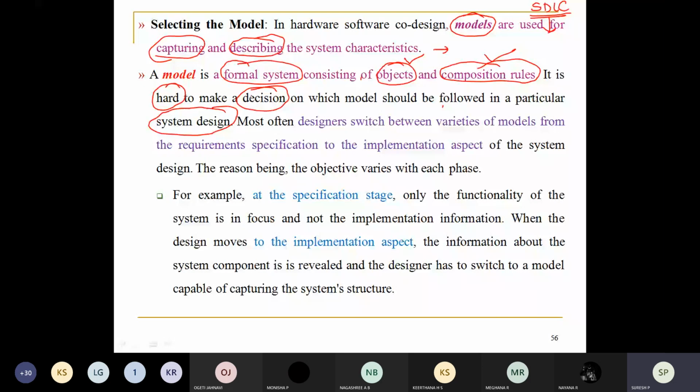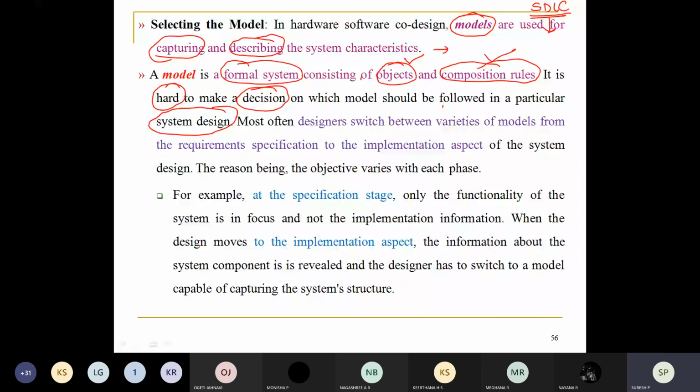One person may come up and say this particular model is correct, and another person will say that this model is correct. Each will say my design is correct, because as a human tendency, whatever I design, I feel that it is right. That is human tendency, nothing else.